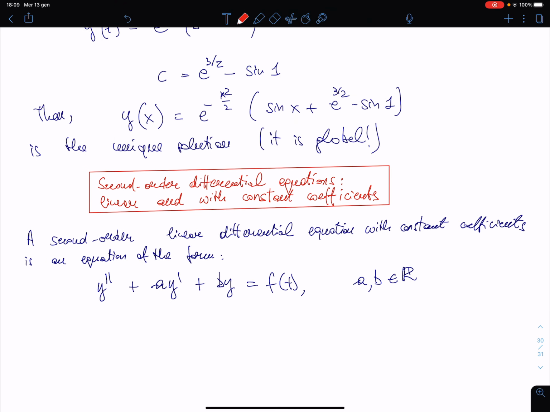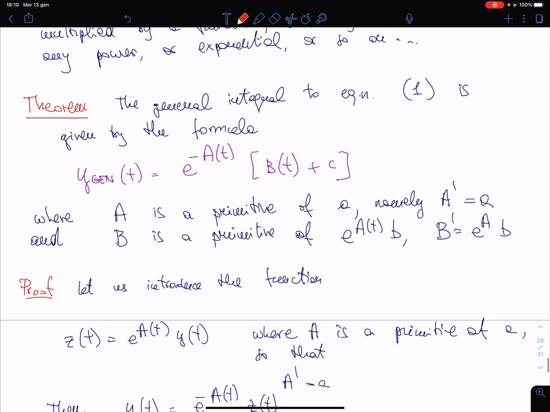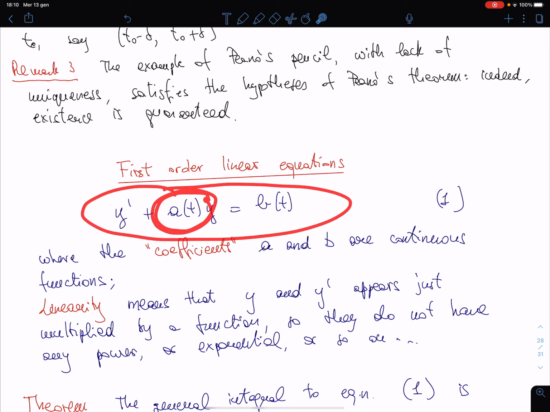Real numbers. Notice that these are the two coefficients, a and b. Remember that in the previous case, we had a linear equation, and the coefficient there was a, a coefficient in the sense that it multiplies the unknown y or the derivative, but a was a function playing the role of a coefficient.